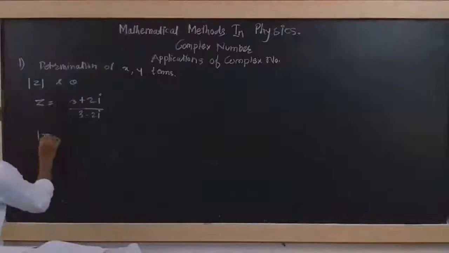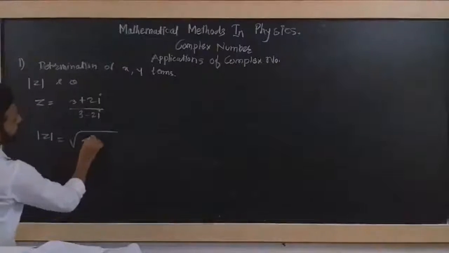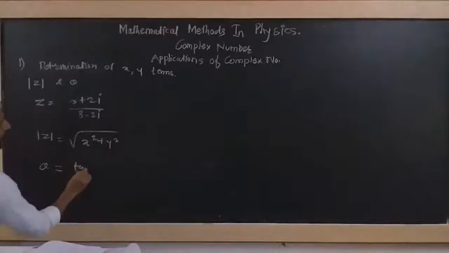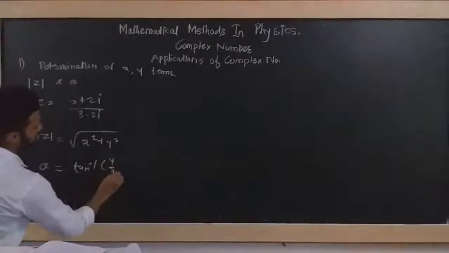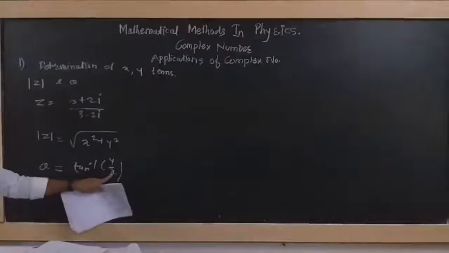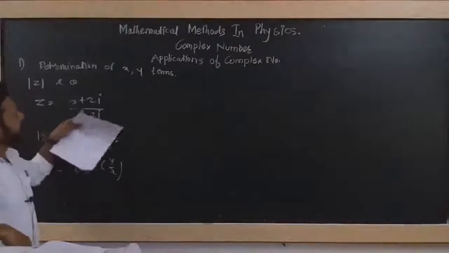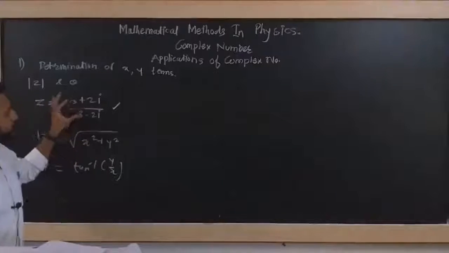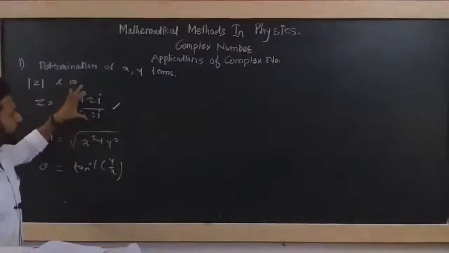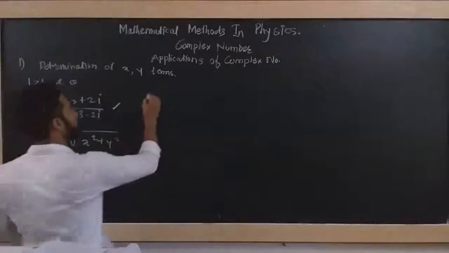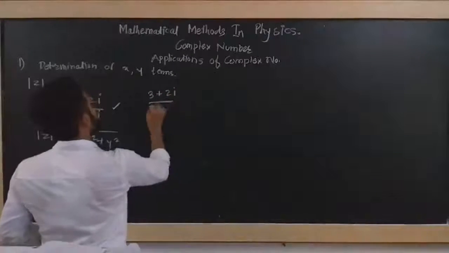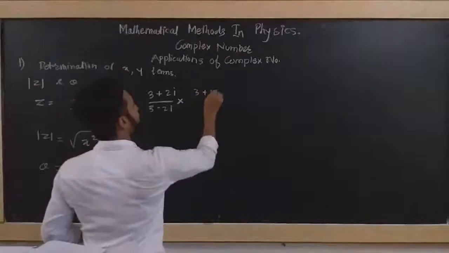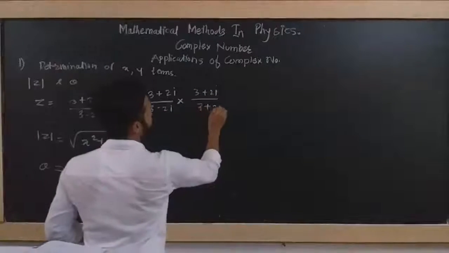Modulus we can find as under root x square plus y square, and theta we know how to find, tan inverse of y by x. For that we must find x and y using this term. Whenever you are given such kind of problems, just simply rationalize it: (3 plus 2i) upon (3 minus 2i), multiplied by its complex conjugate, (3 plus 2i) upon (3 plus 2i).